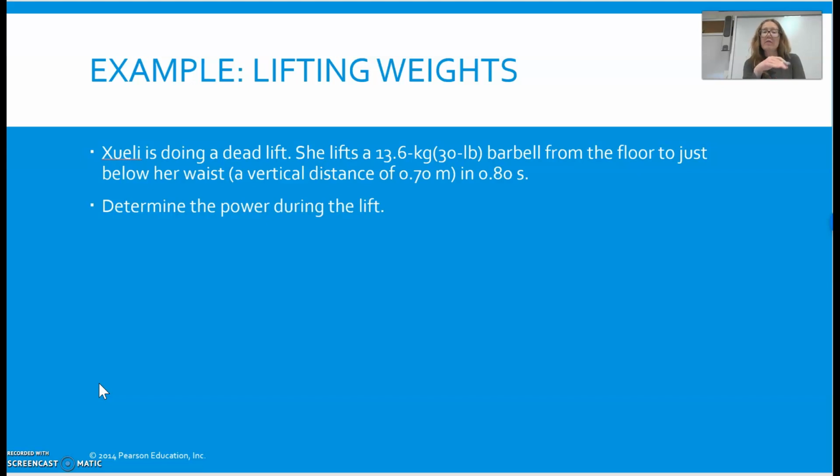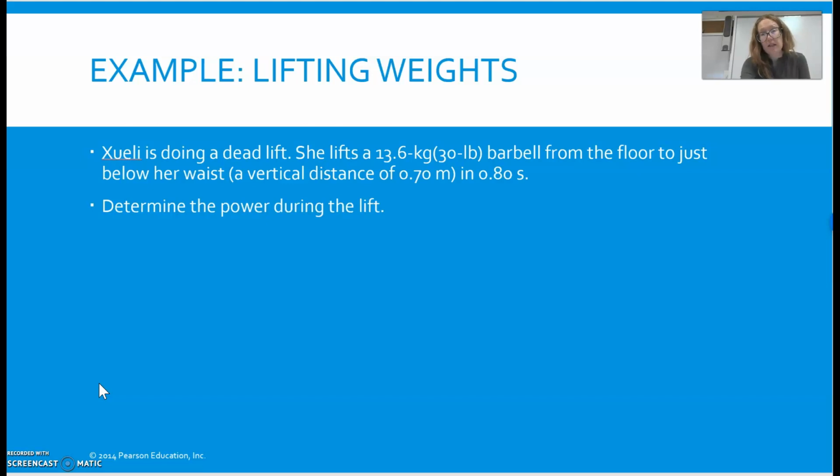I'm just going to outline it, not do the full problem. We can imagine we've got this woman doing a lift, increasing the potential energy in a certain amount of time.